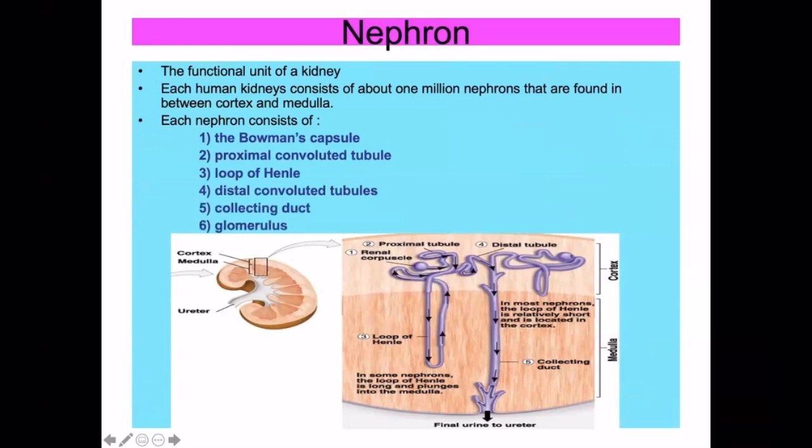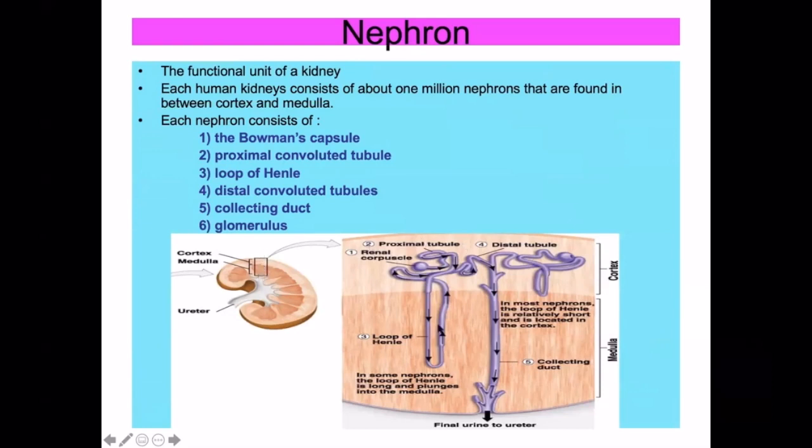Okay, so I just want to make some revision. So basically all this nephron, okay, we can find in between cortex and medulla. So the location you can find here, okay.